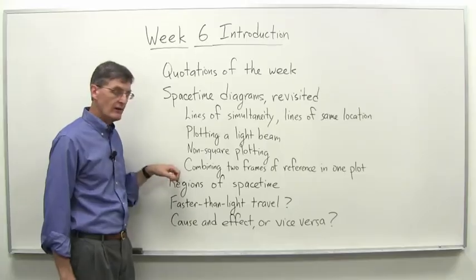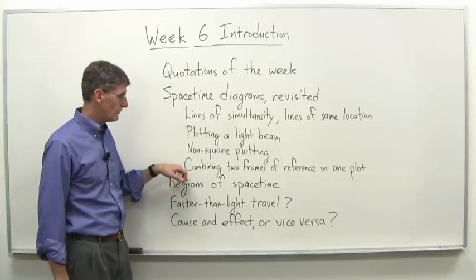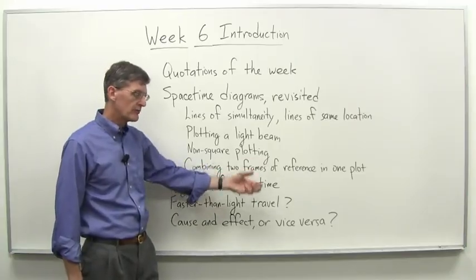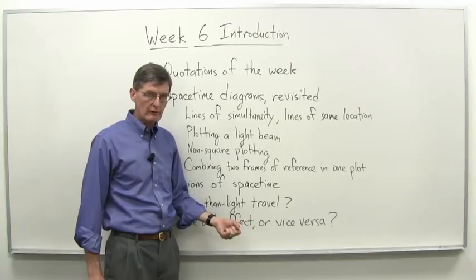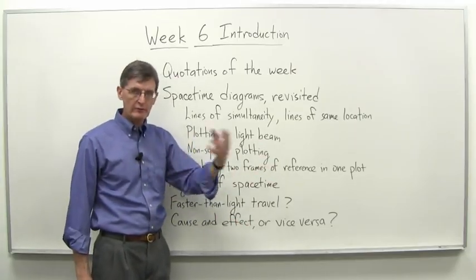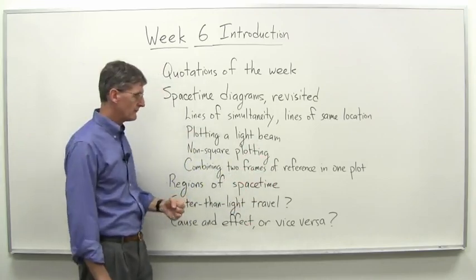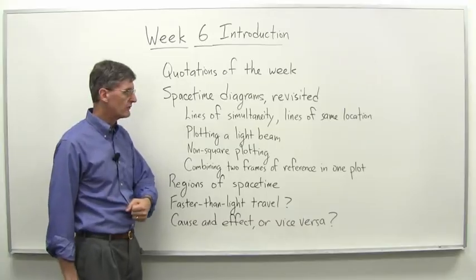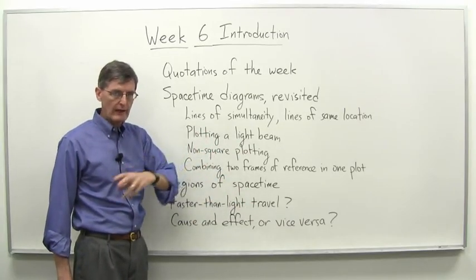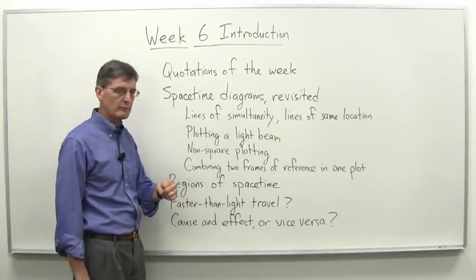Well, the answer is, our next goal here, one of the big goals for this week, is seeing how to combine two frames of reference into one plot. We've talked a lot about Alice and Bob, Alice on a spaceship moving, or Bob on a spaceship moving, the other one observing, and the different frames of reference. We've seen the Lorentz transformation to transform back and forth in terms of the numbers.